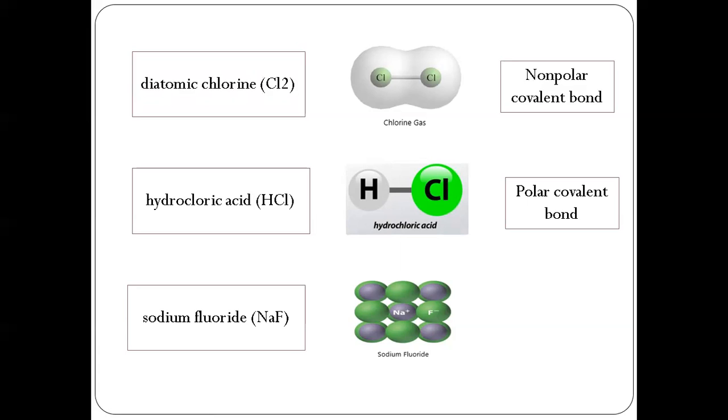We can get the difference of 3.1. Therefore, it is greater than 1.7. Therefore, the bonding between these two atoms is ionic bond. I hope naintindihan, clear naman agad. Madali lang siya, no?